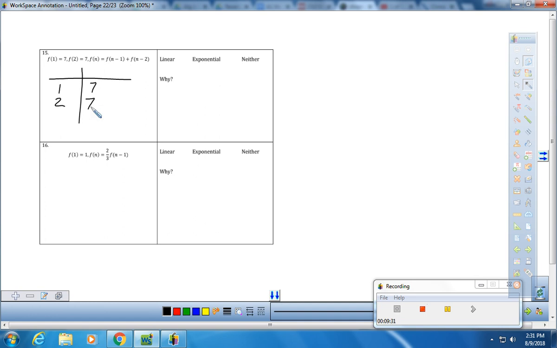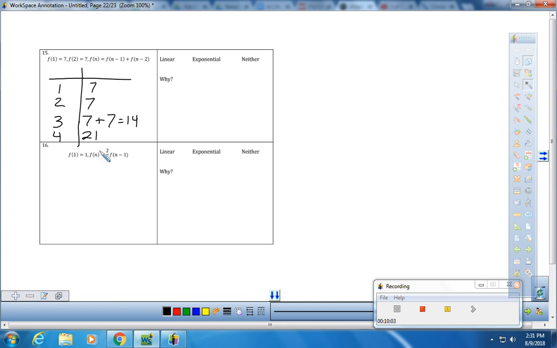Now f of n, so 3 would be the sum of f of n minus 1, f of 2, 7, plus f of 1, 7, so 14. So, let's see, 4 would be 14 plus 7, 21.